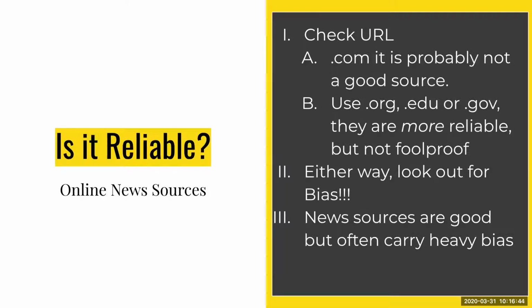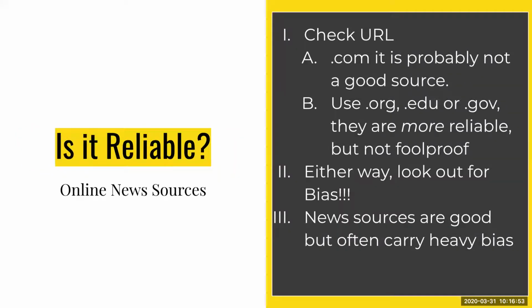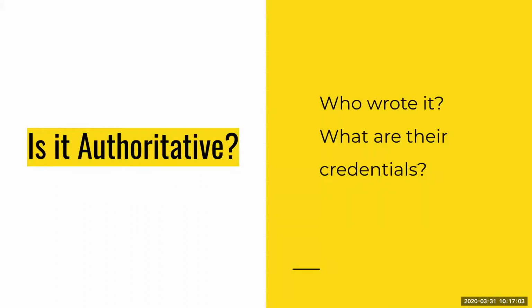Now, news sources are good, but they often carry that heavy bias. And so some of the ones that we want to look out for, I'm going to talk about later. But the next question we want to ask after, do we think that this is reliable? Part of answering that question is who wrote it. So part of how we see if it's a reliable, trustworthy website or article is who wrote that article.